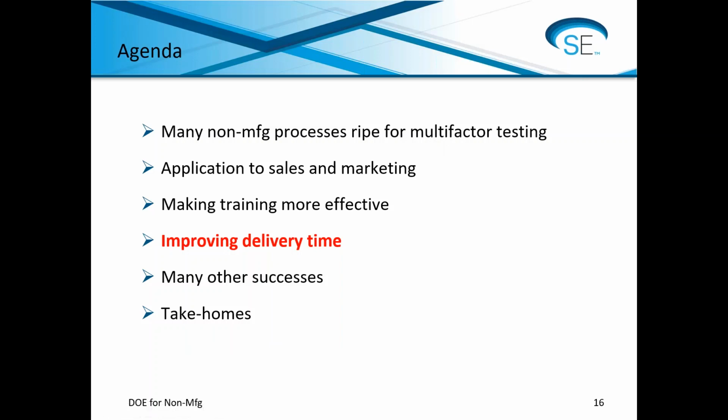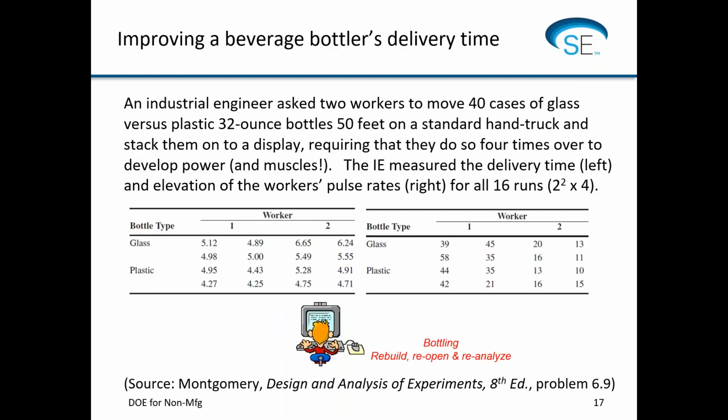So now let's talk about another application, improving delivery time. I'm kind of shooting around to different non-manufacturing areas here. There's no comprehensiveness to this, it's just kind of a scatter shot. But I happen to be looking back through my hardcover from Montgomery, Design and Analysis of Experiments, 8th edition.